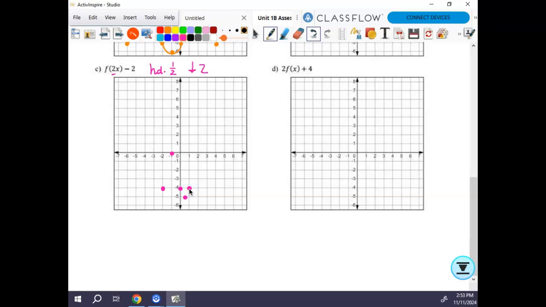And then my next one is at 4, 0, so my horizontal dilation brings me to 2, and then I go down 2. And then I'm at 6, -2, my horizontal dilation brings me to 3, and then I go down 2.